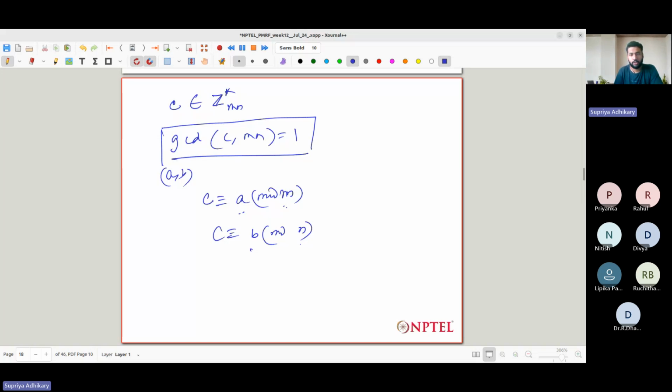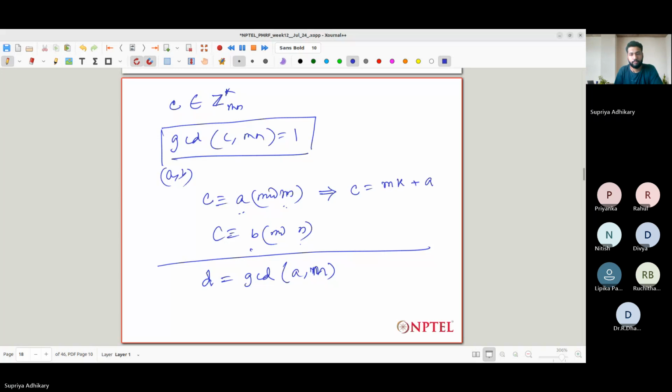So we will prove this by contradiction. Assume that d is the GCD of a and m. Now c can be written as c equals some mk plus a, where k is some integer.